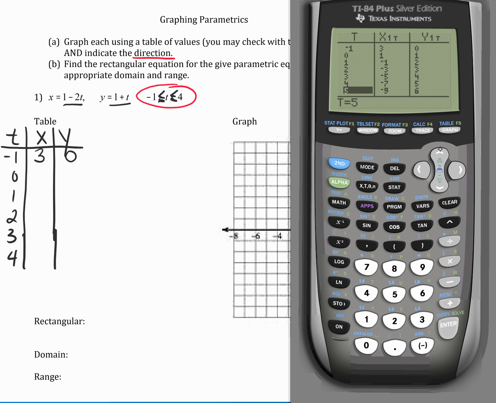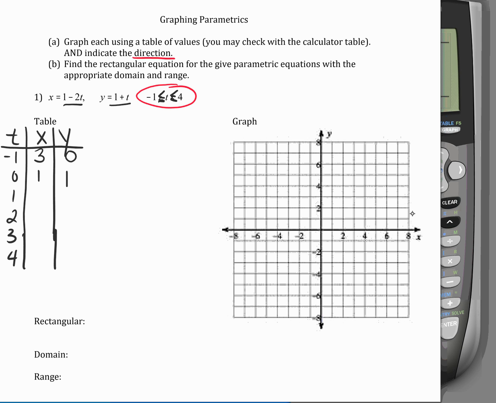So I'm going from -1, but I'm going to stop at the 4. And then we can just go in order and copy down our points. So we have 1, 1, -1, 2, -3, 3, -5, 4, and -7, 5. And then the order that you plot them in is also going to give you your direction.